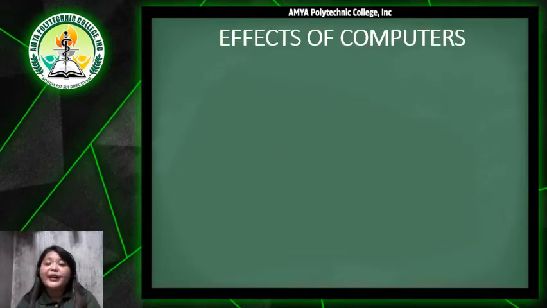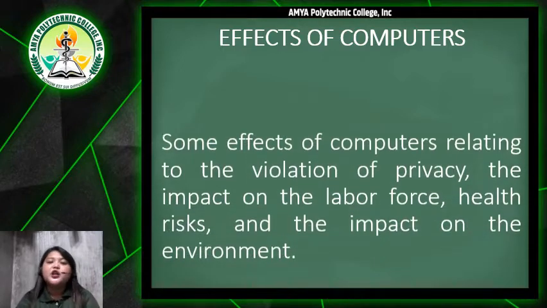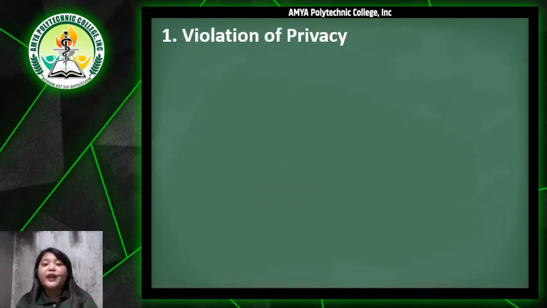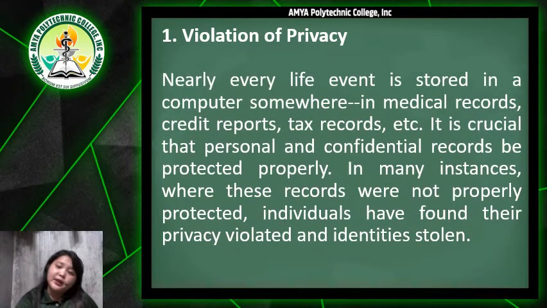Next is the effects of computers. Some effects of computers relate to the violation of privacy, the impact on the labor force, health risks, and the impact on the environment. First, we have the violation of privacy. Nearly every life event is stored in a computer somewhere, in medical records, credit reports, tax records, and so on.